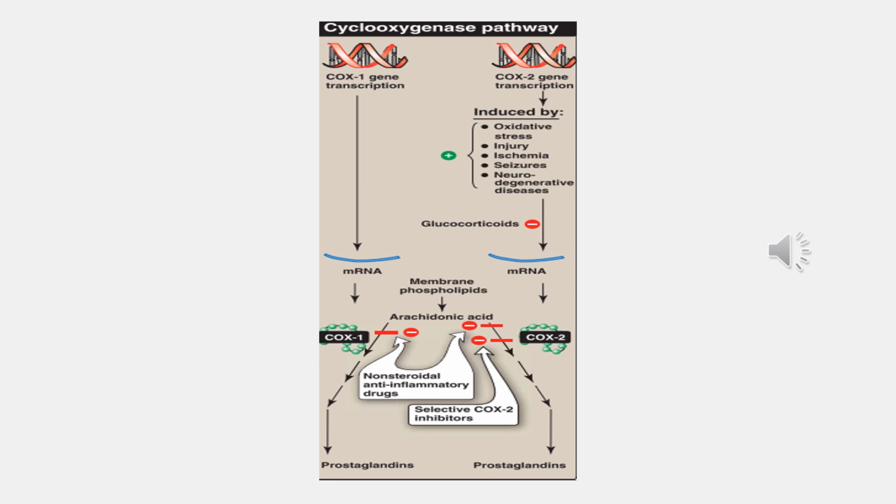These prostaglandin molecules, we will talk about them later in other videos. These are very important molecules. They have a bunch of roles in the body. But in this case that we are discussing, the prostaglandins can cause fever, can cause pain, can cause some inflammation reactions.